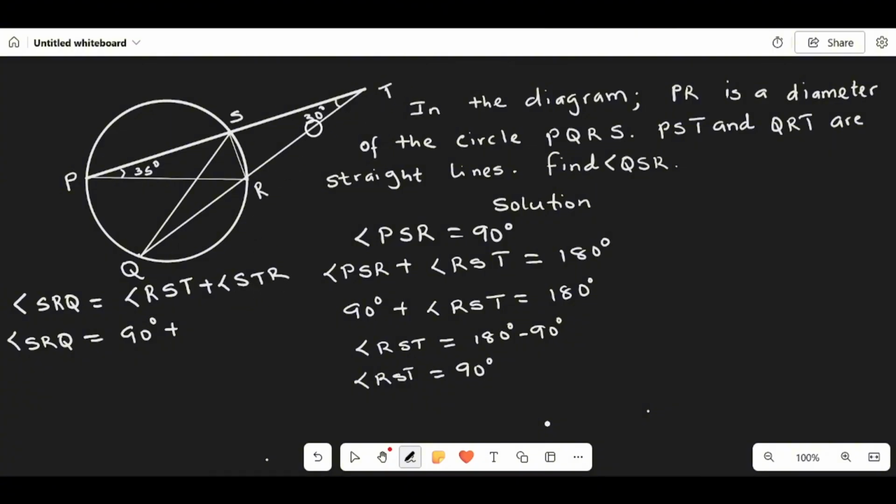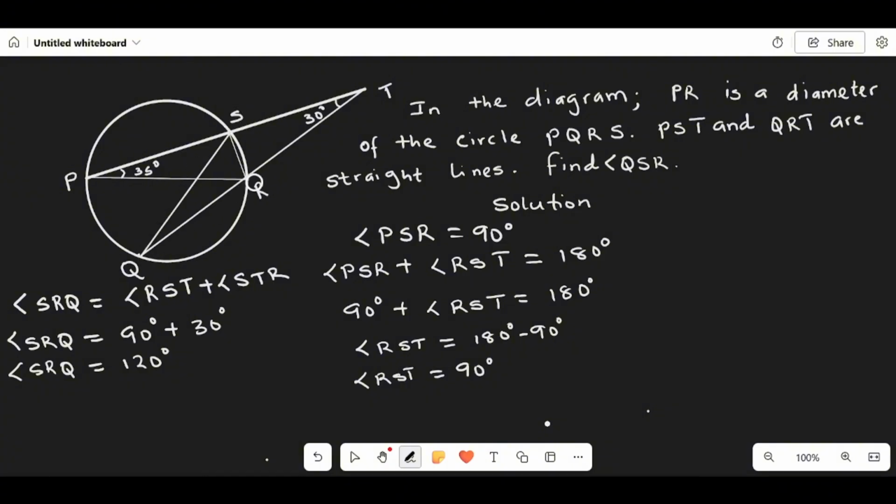STR is 30 degrees. Angle SRQ equal to 90 degrees plus 30 degrees will give us 120 degrees.